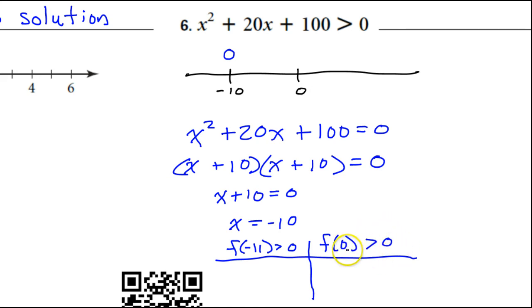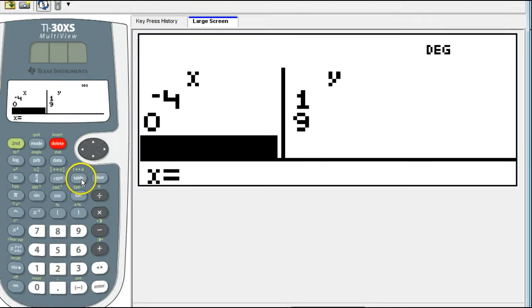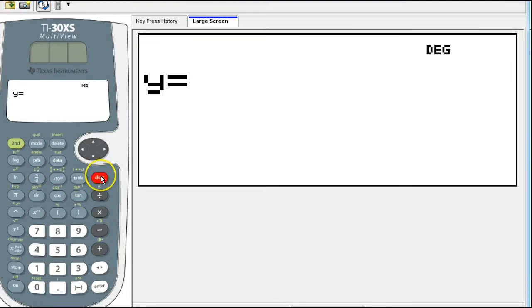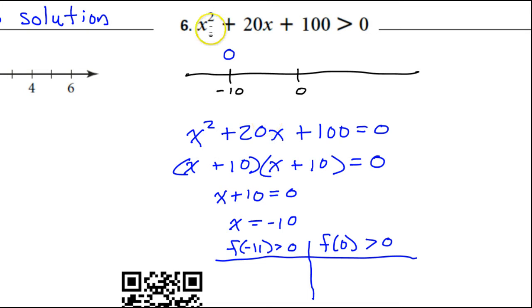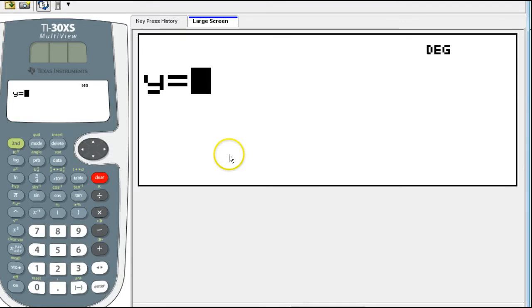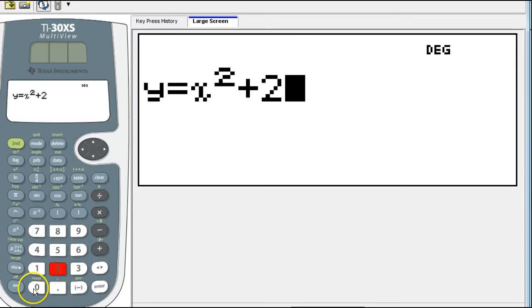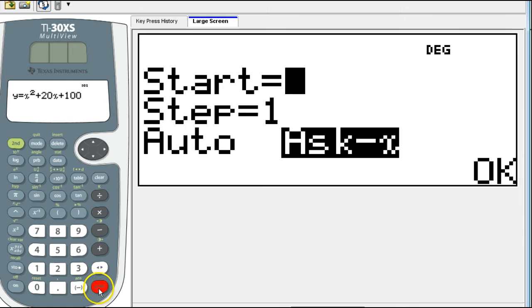So I'm going to use my TI-30XS MultiView to make this process go faster. So go ahead and type in the left side of your inequality, x squared plus 20x plus 100. Okay, x squared plus 20x plus 100. And make sure your calculator is in Ask X mode for maximum convenience.